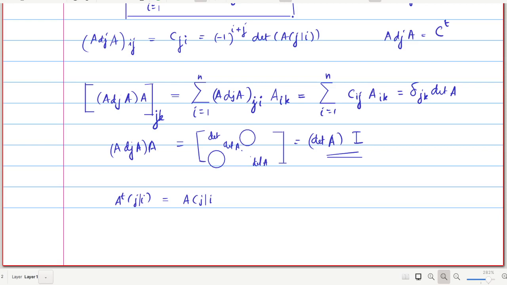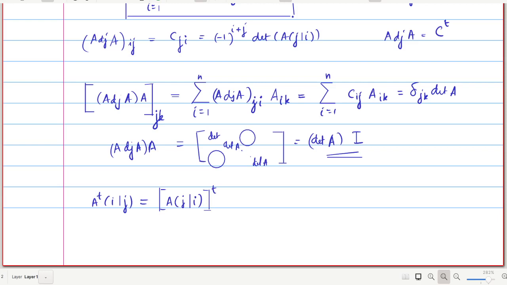I will write this as the matrix obtained by A transpose of ij, that is, we remove the ith row and jth column of the transpose of A. In the transpose of A, the ith row is the same as the ith column of A. So this will be the same as the matrix obtained by removing the jth column and ith row of A and taking its transpose.